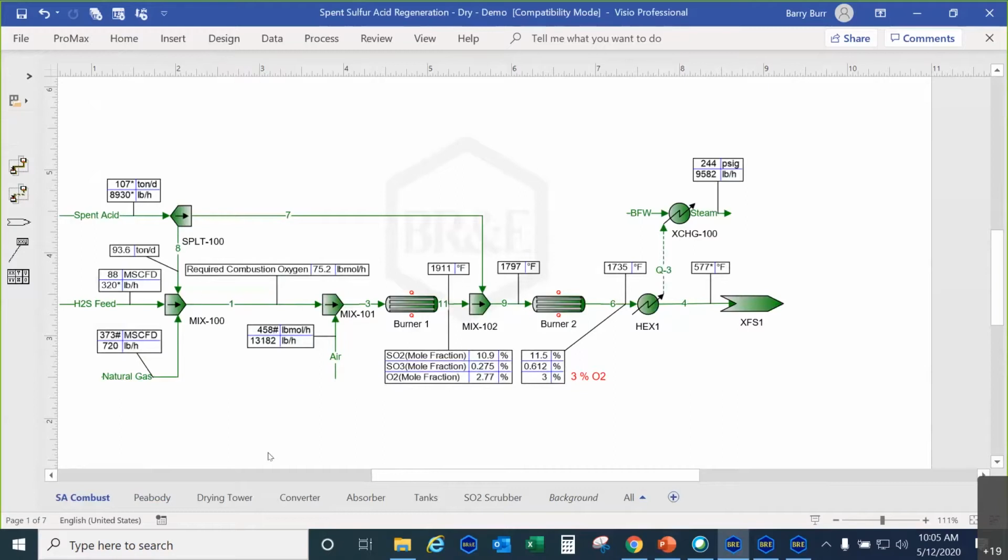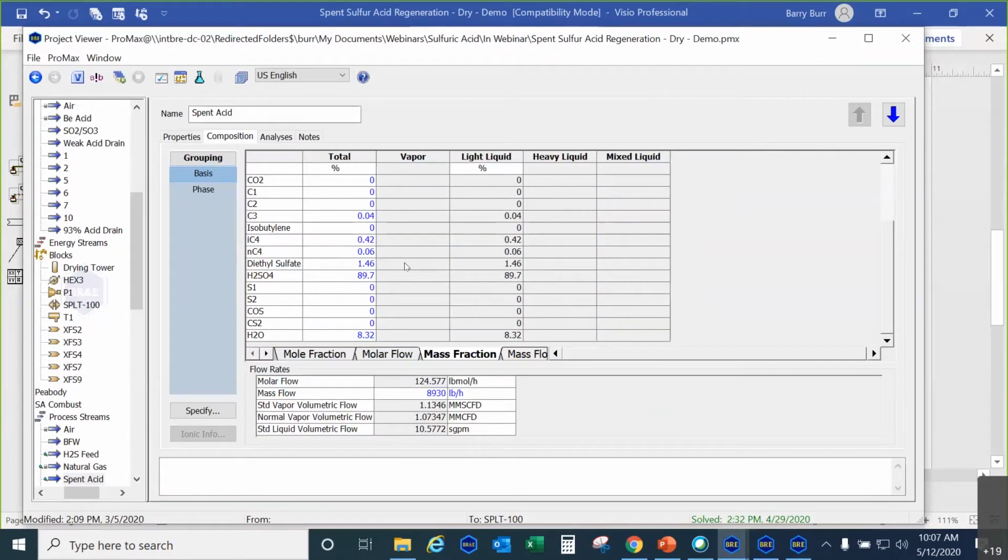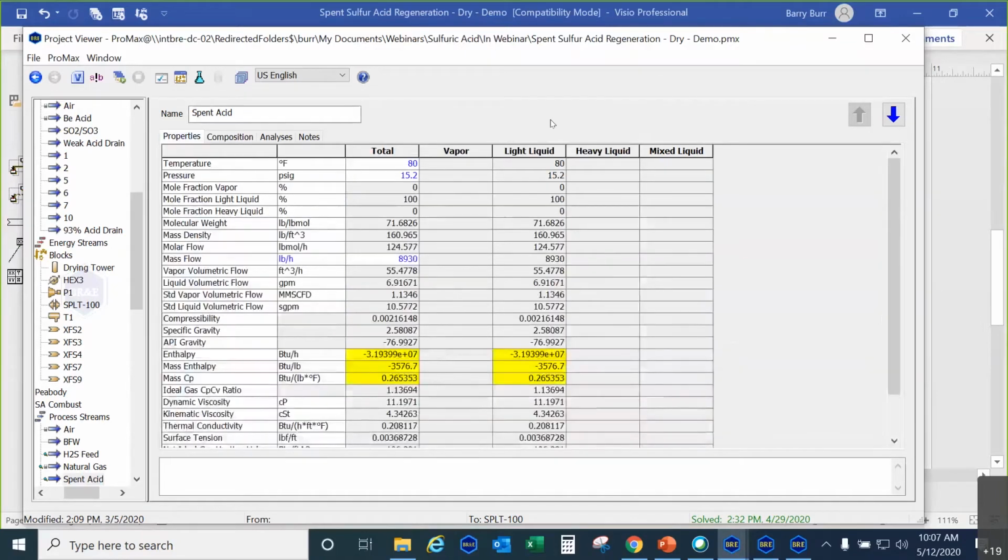You oxidize your sulfurous feeds to SO2. So in this case, our main sulfurous feedstock is spent sulfuric acid. And if we double click on this stream, we can see that this feedstock has 89.7% sulfuric acid, just at ambient conditions, liquid phase.